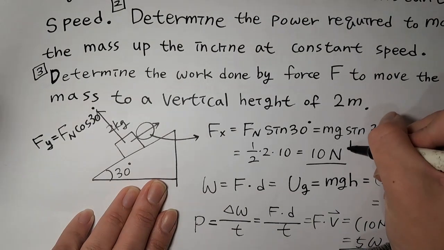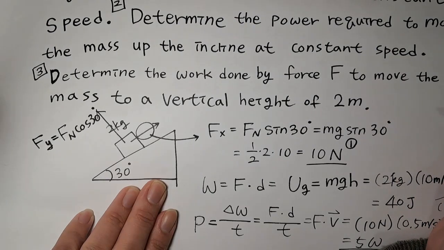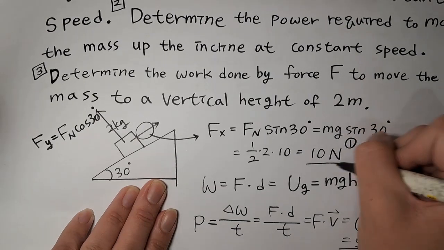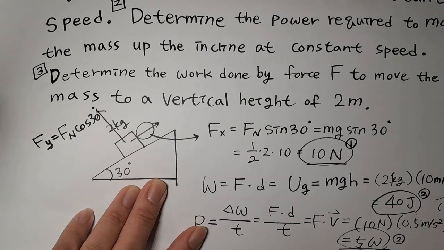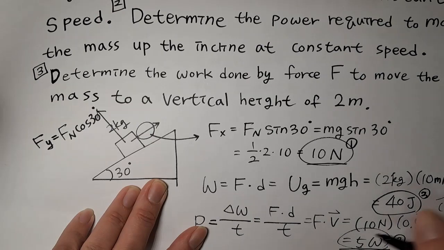So this is the answer of the first question, and the 40 joule is going to be the answer of the third question. 5 watt is the second question's answer.